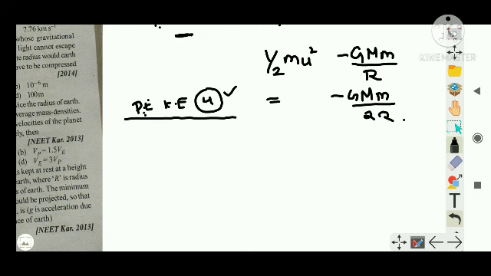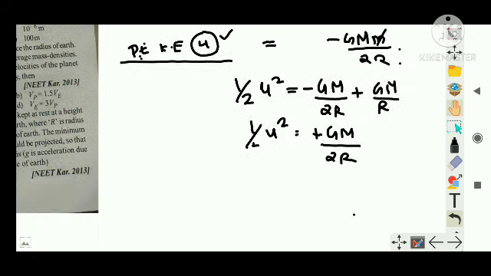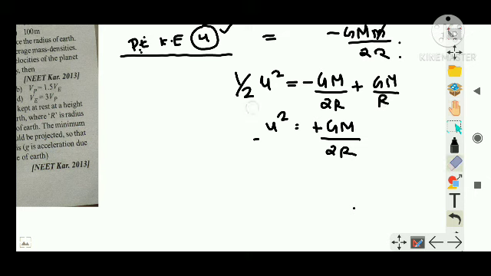So here I can bring this half m section, every m can be removed, so half u squared is equal to minus GM by 2R plus GM by R. This guy came over here, so I can write it as half u squared is equal to, not minus, plus GM by 2R, right? So this 2 and 1 by 2 section cancels off, and this 2 goes off, right? Or I can write u is equal to root GM by R.